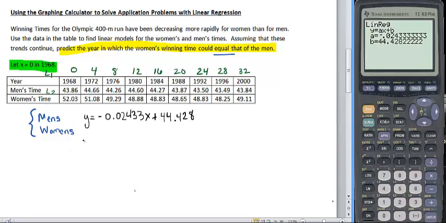Okay, I'm going to do the same thing for my women's. So go back, and instead of entering my L2 for my men's times, replace that list with my women's times, and see if you can get this equation.